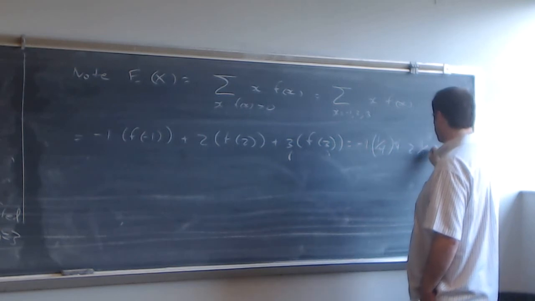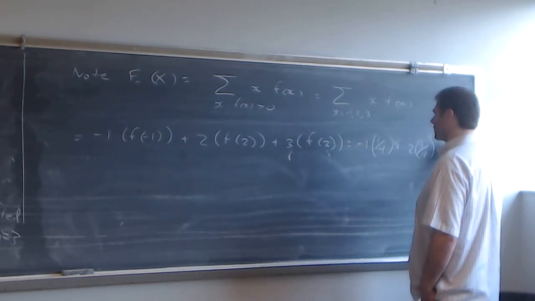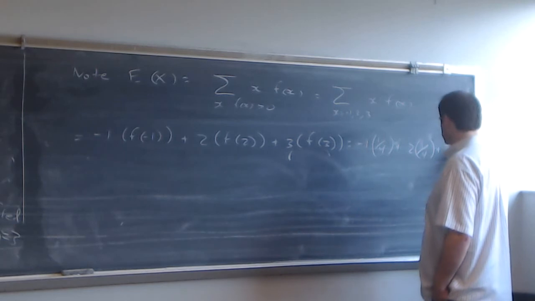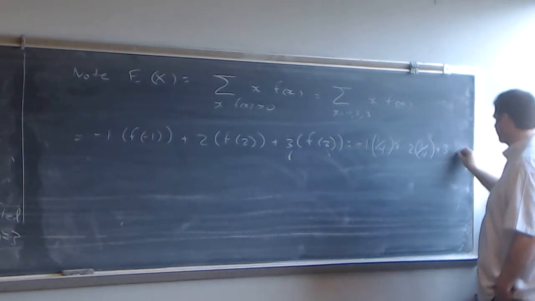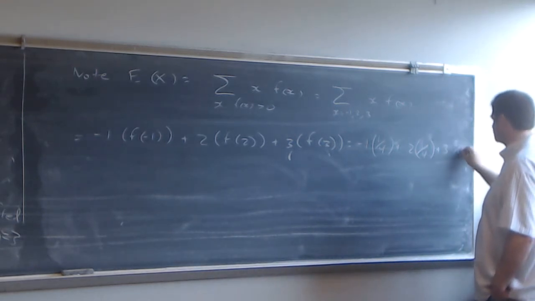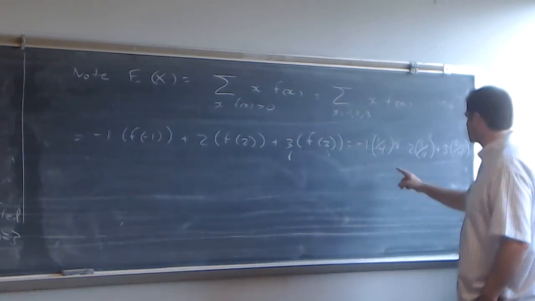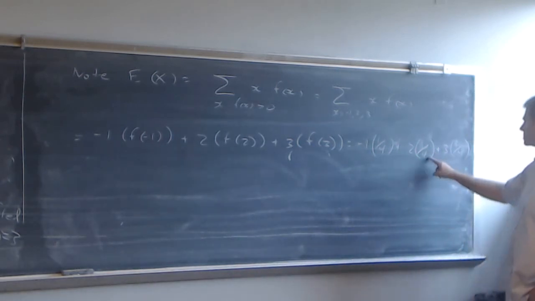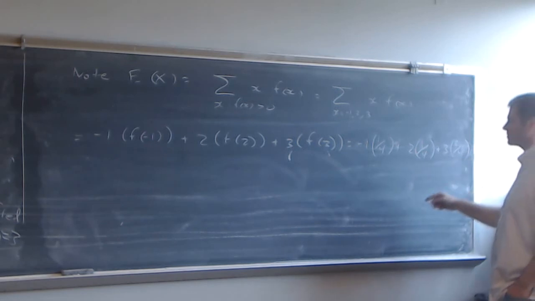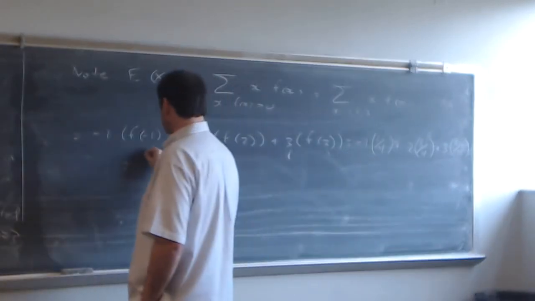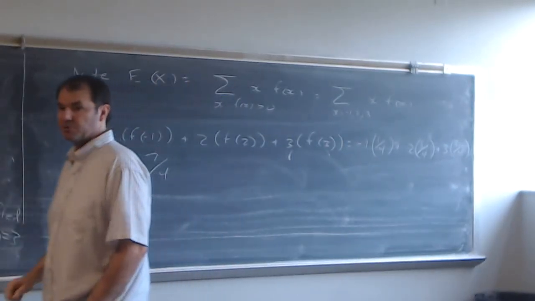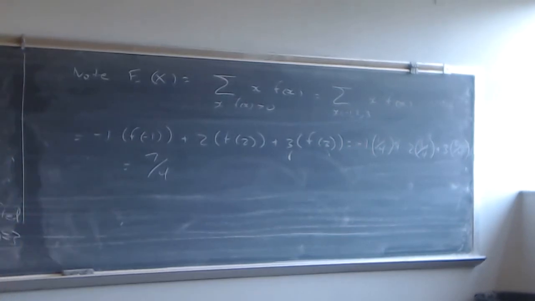That's the chance we got a diamond. That's 1/4. And then plus 3 times f of 3. That's the chance we got a black card. That's 1/2, or 2/4. And so here, this is -1/4. This is 2/4. That's 1/4. Here's 6/4. We end up getting 7/4. So a little under 2 is the expected value of X.